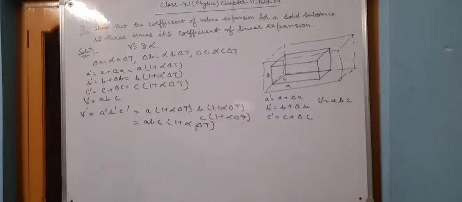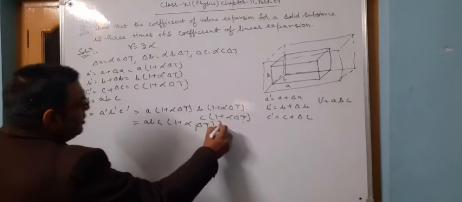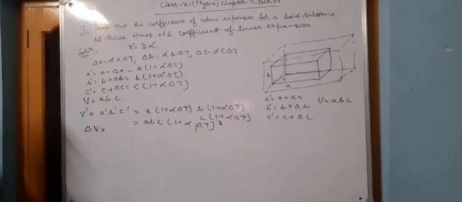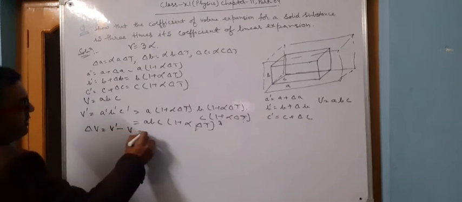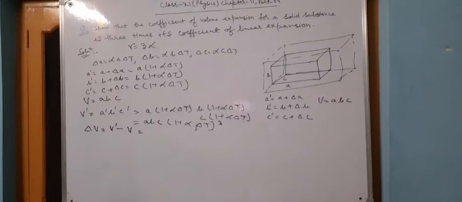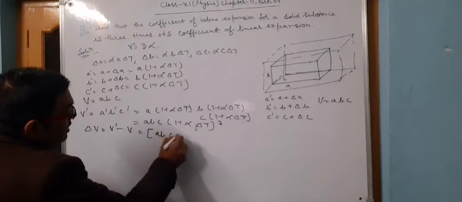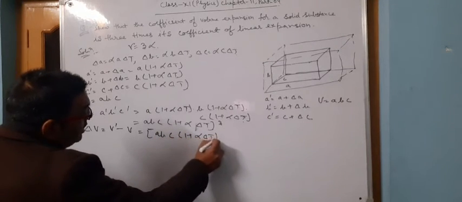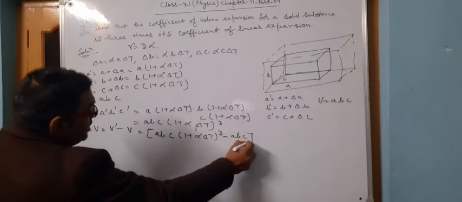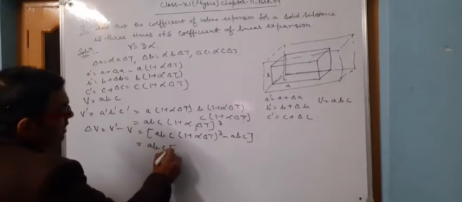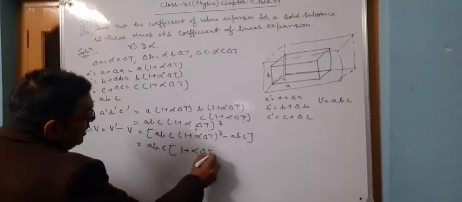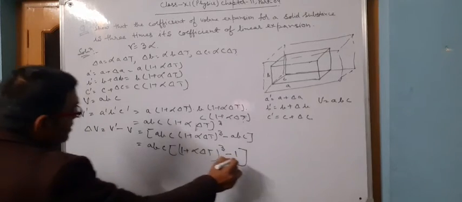Now dear students, here we have to find the change in volume, that is delta V. So delta V is equal to V dash minus V. It can be written as ABC into 1 plus alpha delta T whole cube, minus ABC, and taking ABC as common, it can be written as ABC into 1 plus alpha delta T whole cube minus 1.